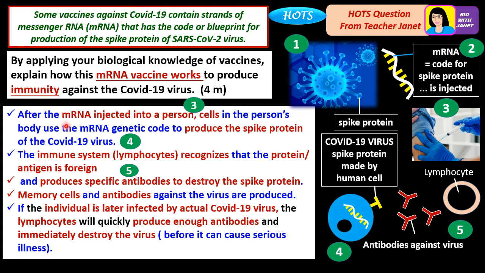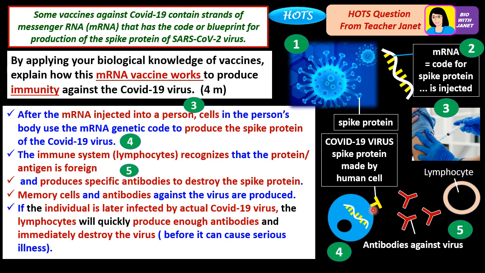Okay, let's read from here. After the mRNA is injected into a person, cells in the person's body will use the mRNA genetic code to produce the spike protein of the COVID-19 virus. Now you can see here, once the mRNA is injected into a person's body, it will go into the normal human cells, and the human cell will then use the genetic code in the mRNA to produce the spike protein.